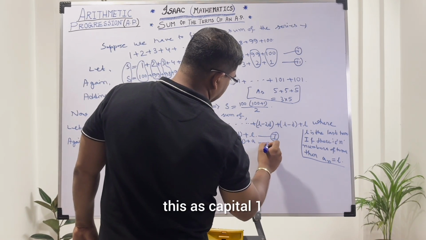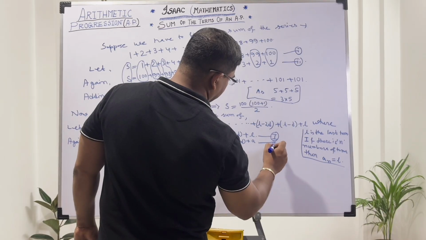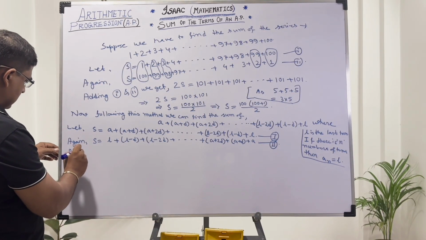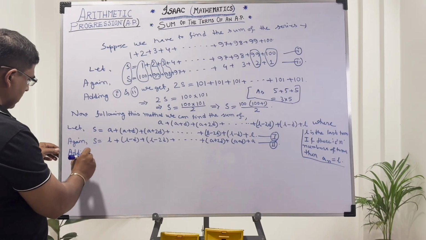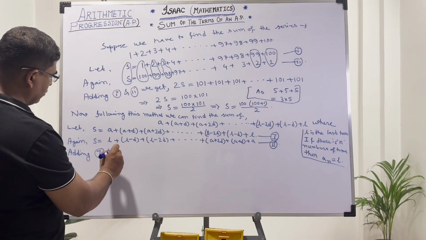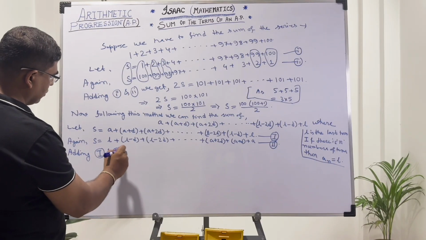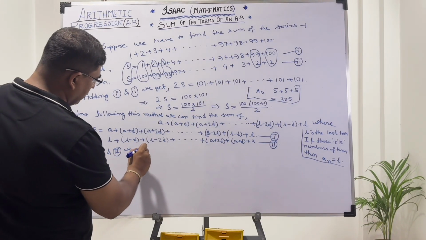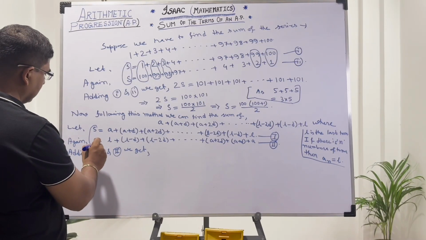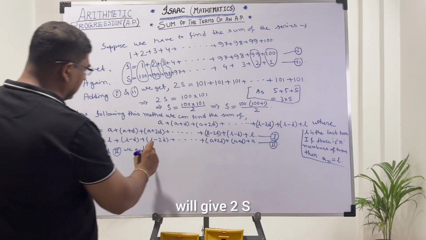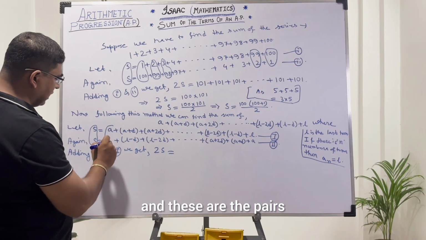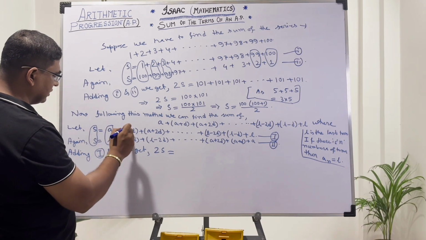This is relation 1 and this is relation 2. Adding 1 and 2, we get S plus S will give 2S, and these are the pairs.